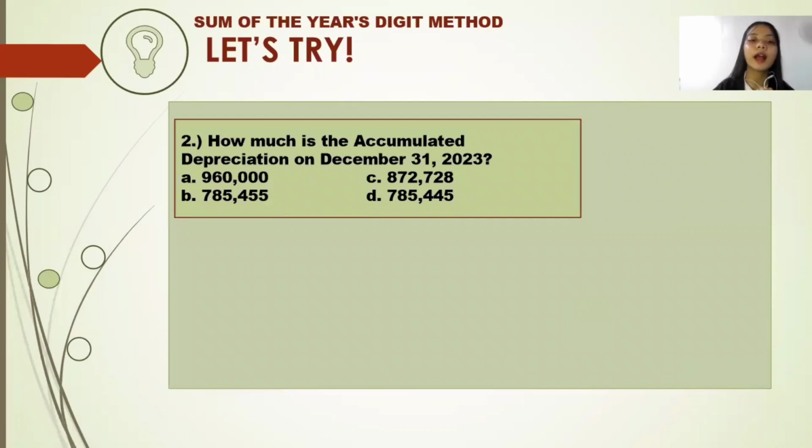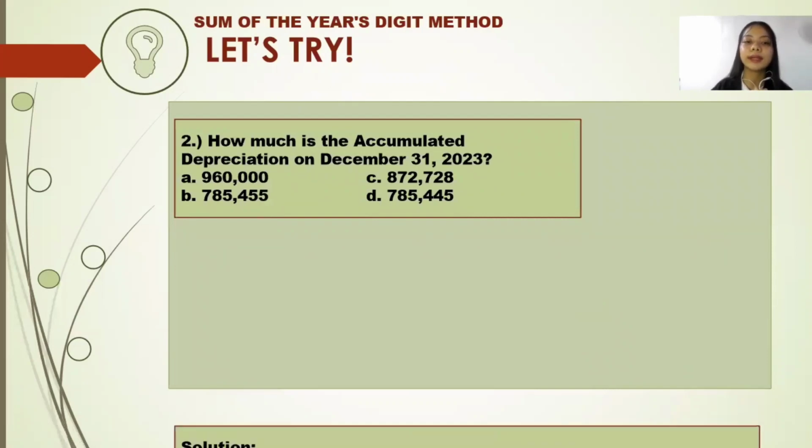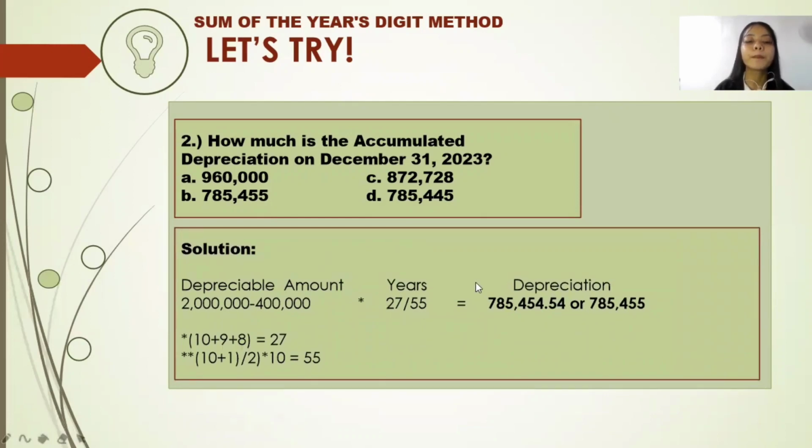Ano yung number 2 natin? How much is the accumulated depreciation in 2023? Paano natin makukuha yung accumulated? Kunin natin yung depreciable amount: cost na 2 million less 400,000 residual amount, times 27 over 55. Paano nakuha to? Dahil 2023, 10 plus 9 plus 8 equals 27.